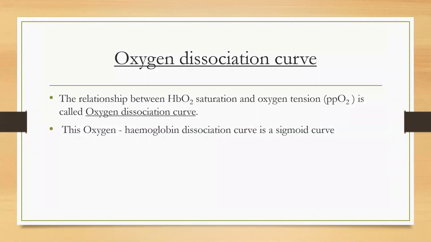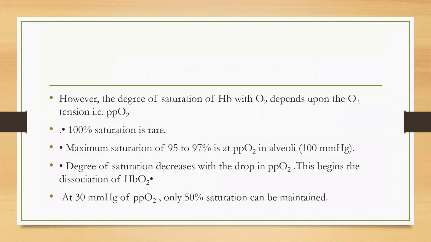So it is said that the degree of saturation of hemoglobin with oxygen depends upon the oxygen tension, that is, the partial pressure of oxygen. It is also said that 100% saturation is rare.